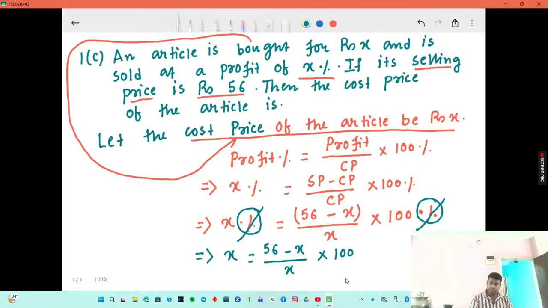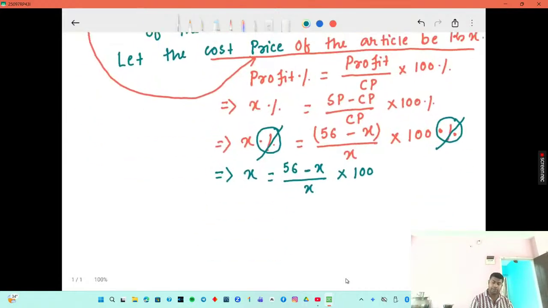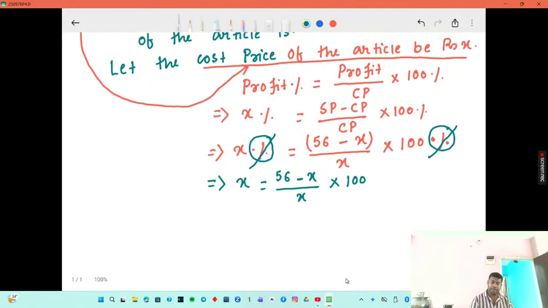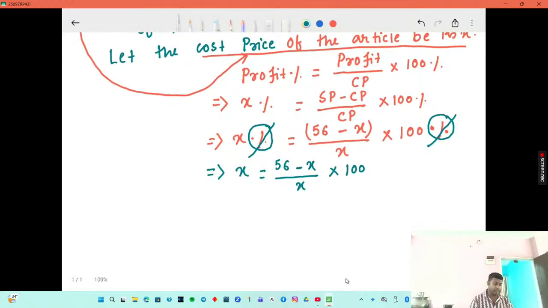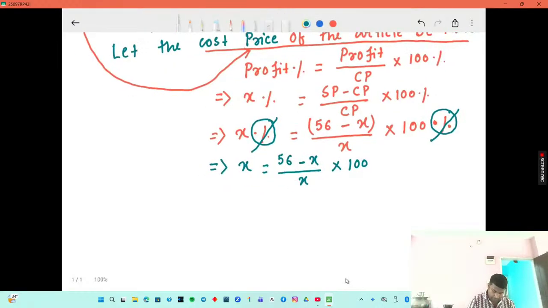Okay. So now we will solve this equation in order to find the value of x, and the value of x is the cost price of the article.